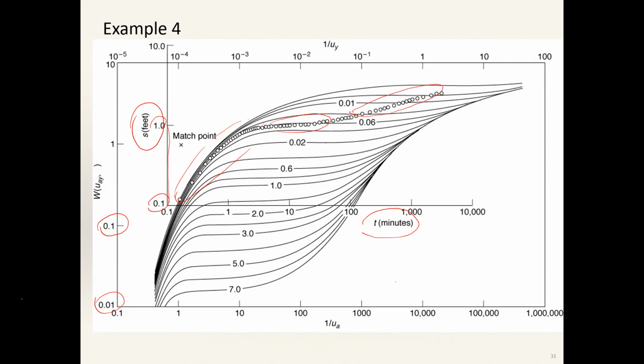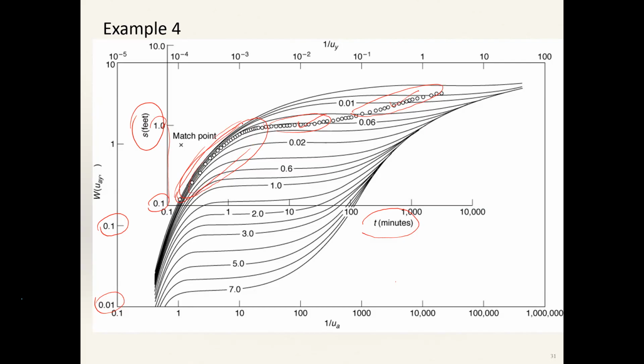So what you do, you first match with the type curves by considering only the first region. You match it. You forget about these points. You focus only on the first region.